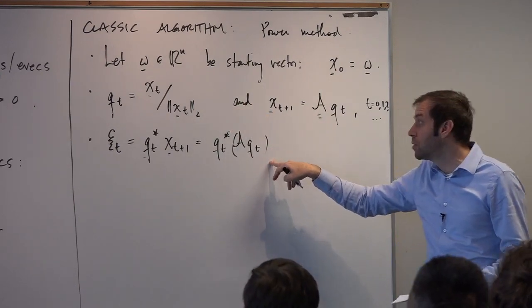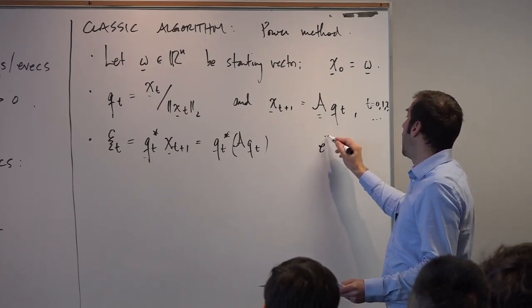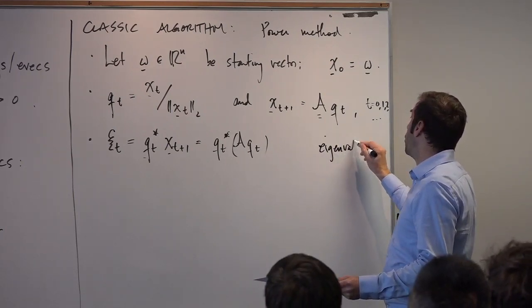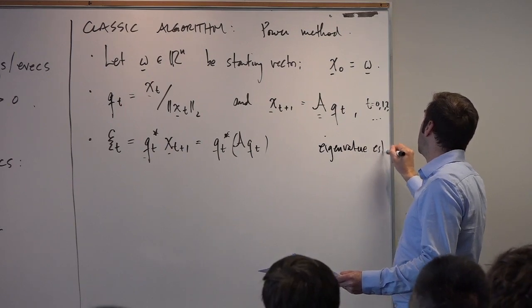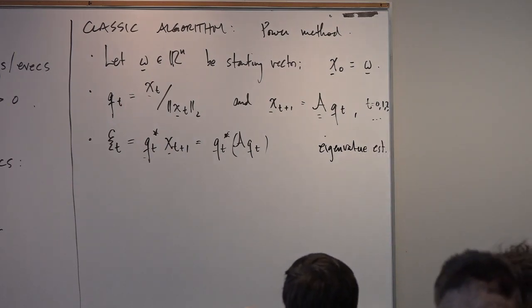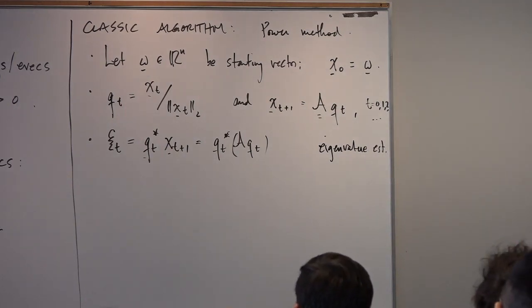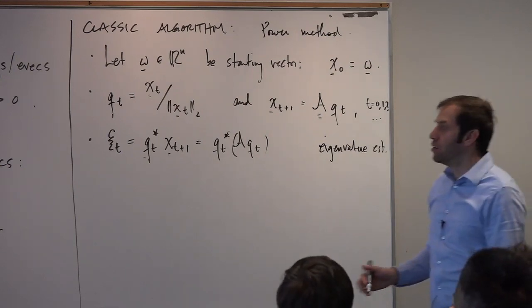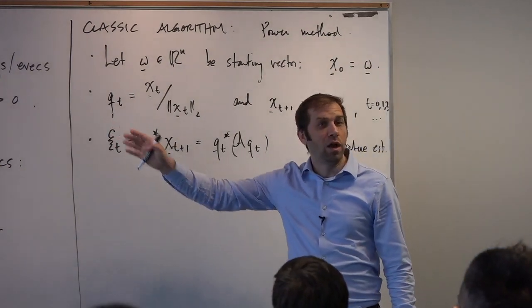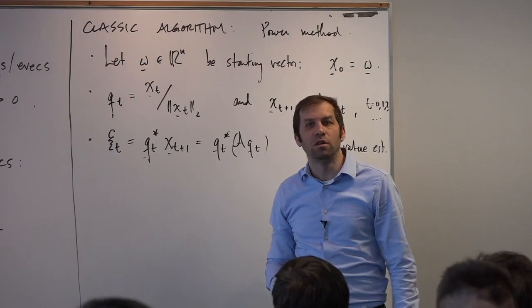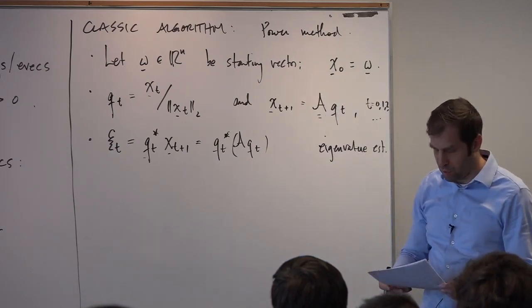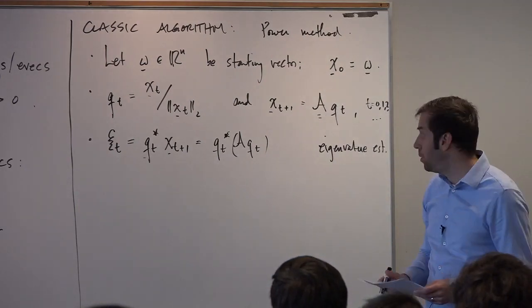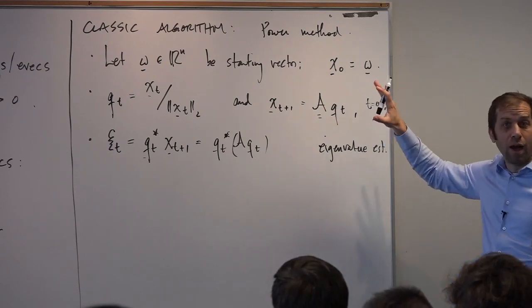Okay? So this is our eigenvalue estimate. And we'd like to understand what it does. How does it compare with lambda 1? How many steps do we need to take to do something reasonable and so forth? Okay. Any questions on the statement of the algorithm?